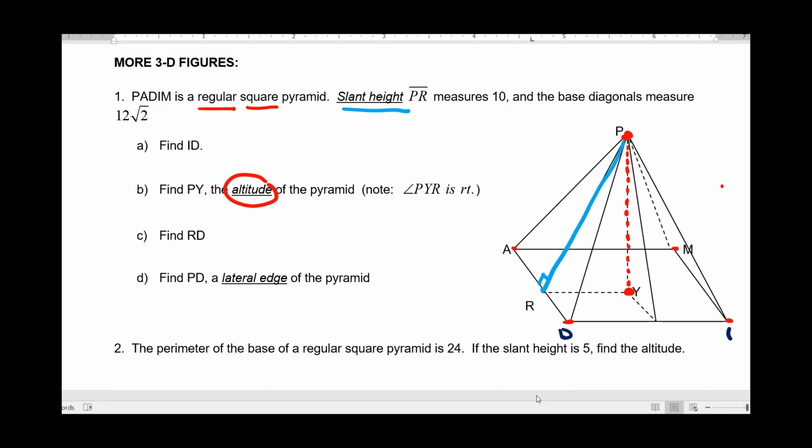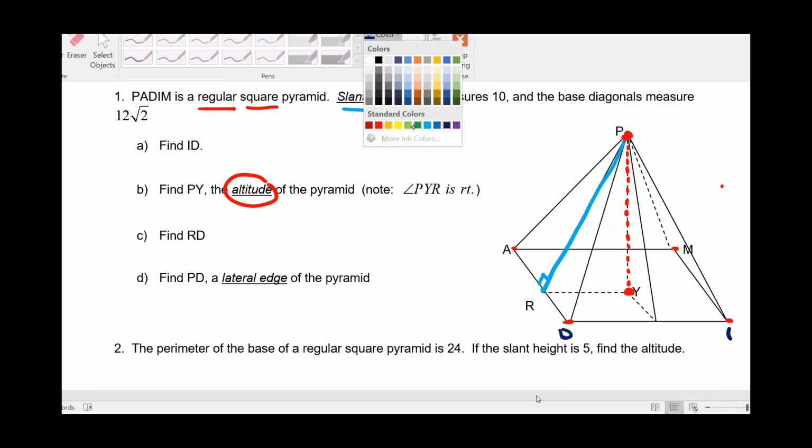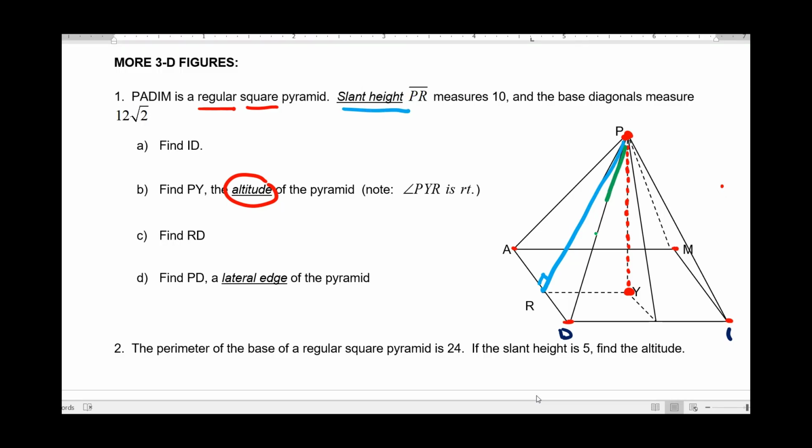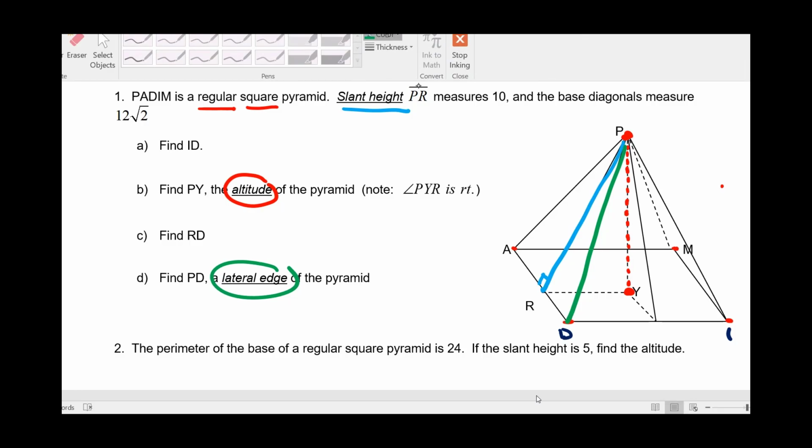Okay, and PD is going to be this guy right here, and that is going to be a lateral edge. So in the green right there, that's what's called a lateral edge. And so we're trying to find some of these various lengths here. And so let's go ahead and attack this.